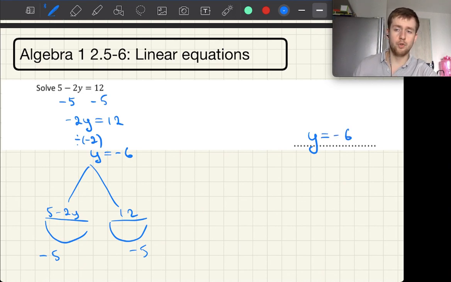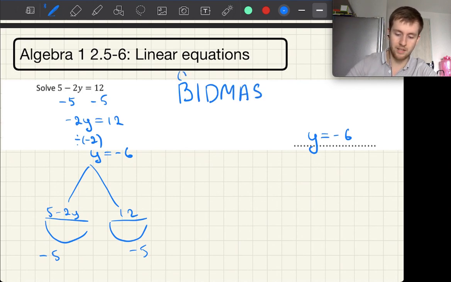Remember, to know what to do first, if you have a question like should we divide by minus 2 first or subtract 5 first, you have to follow a reverse BIDMAS order. Normally we start with brackets, then go to indices, and so on. Don't forget about it, but in this case you have to do it in reverse.